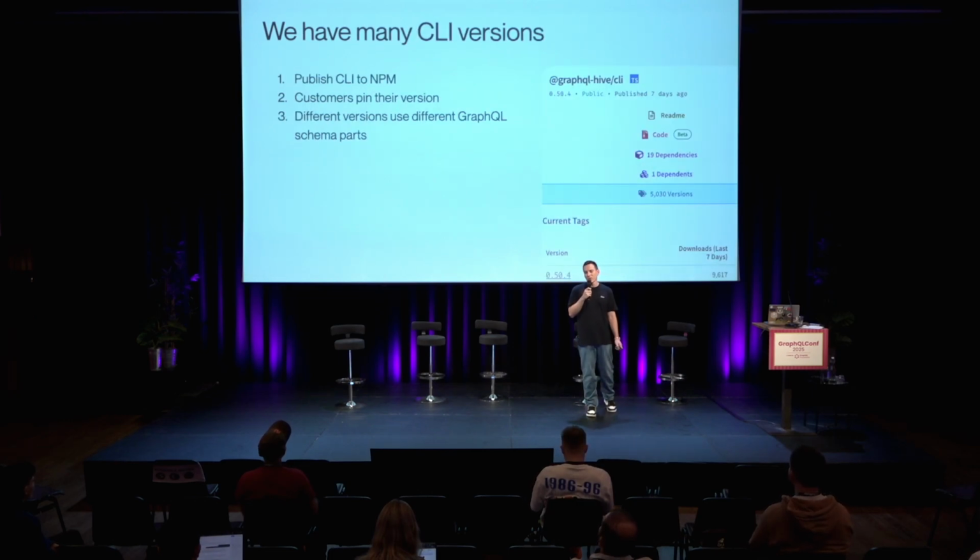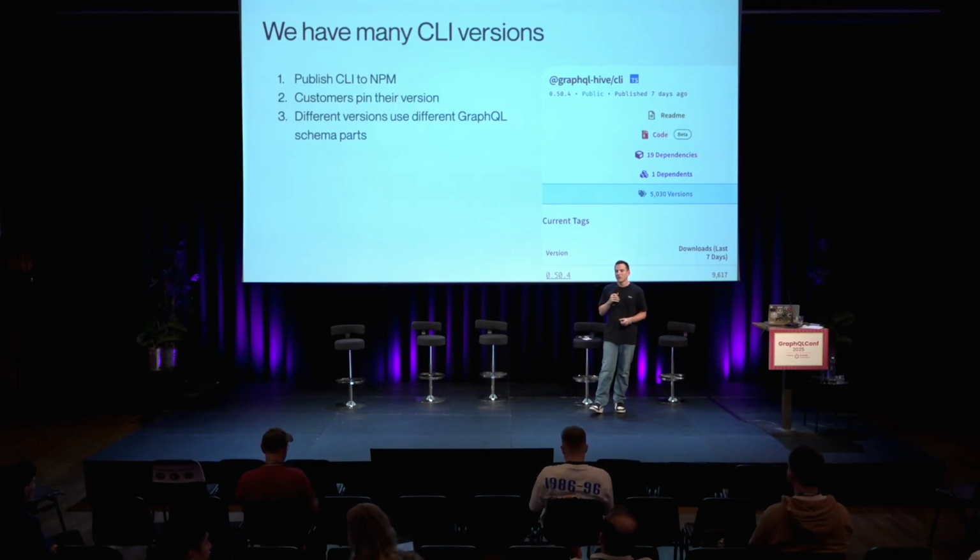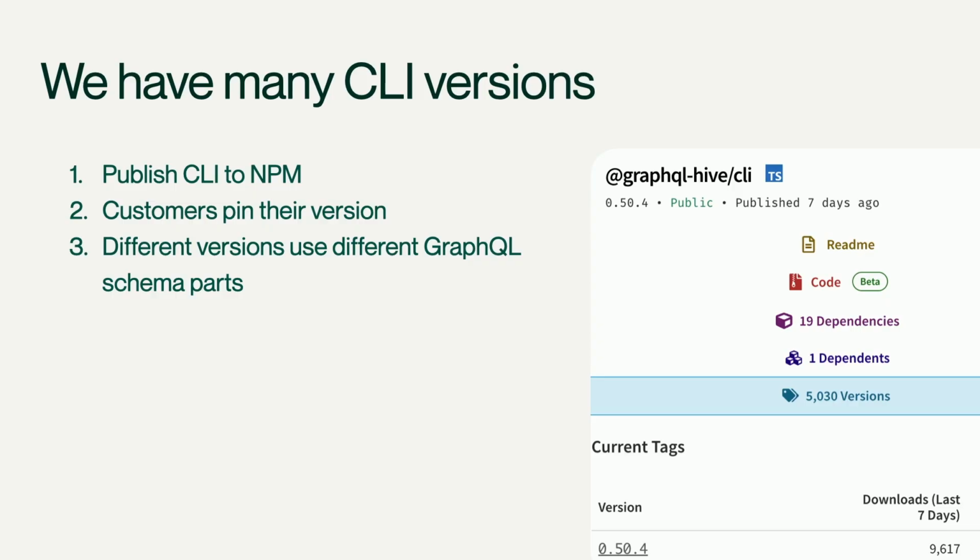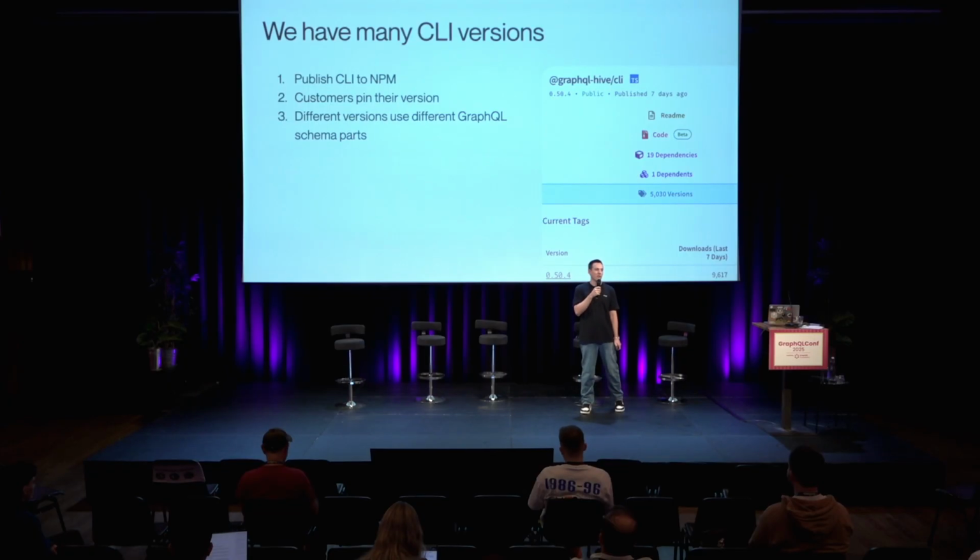But actually we have a CLI, and the CLI has many different versions. And different versions of the CLI use different GraphQL operations, and the GraphQL operations evolve over time. So just by looking at the latest CLI version that is in our Git repository, we cannot say, hey, this GraphQL schema change would break the CLI version from 2 years ago that someone pinned in their project and never upgraded.